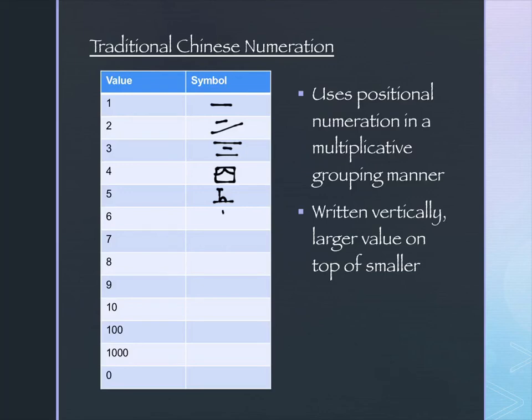The number 6, I think, looks like a stick man. Seven looks like a lazy T. The number 8 actually looks like a Greek letter. Does anybody know what Greek letter that looks like? Lambda. Yeah.